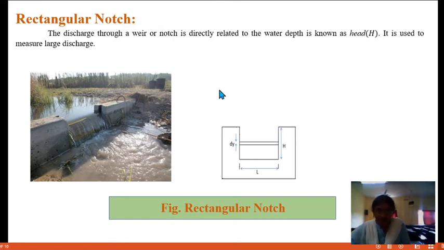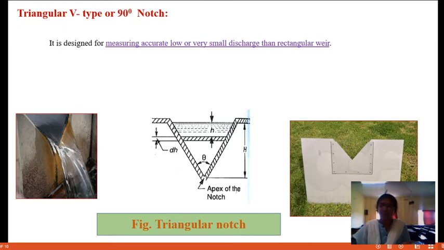Where the discharge through a weir or notch is related to the depth, that is known as the head. Next, coming to the triangular or V-type or 90 degrees notch. This is nothing but the V-notch or triangular notch.